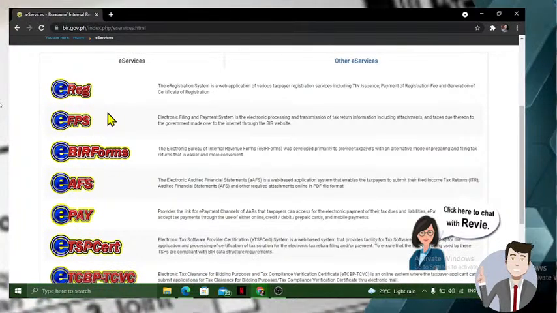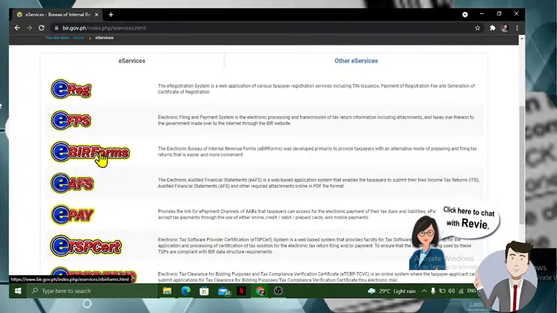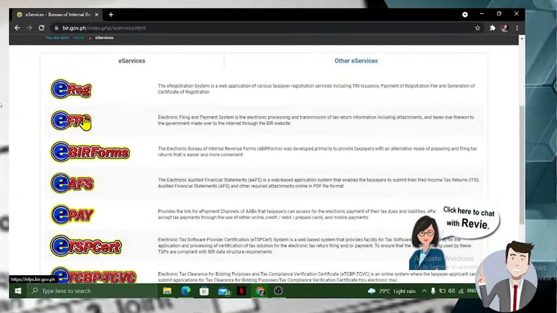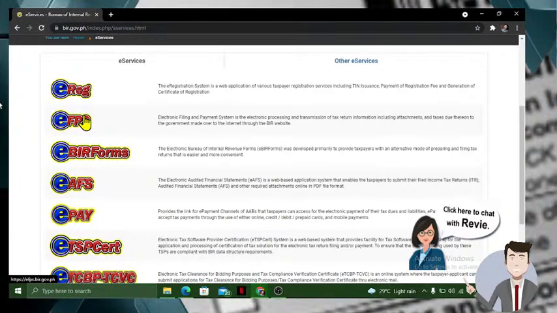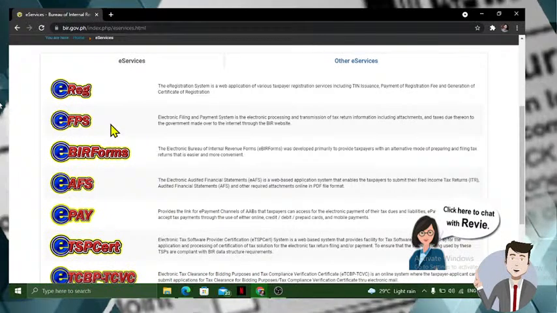So the only difference between EFPS and eBIRForms is that EFPS is an electronic mode of filing and also payment. Take note, this is electronic filing and also payment.